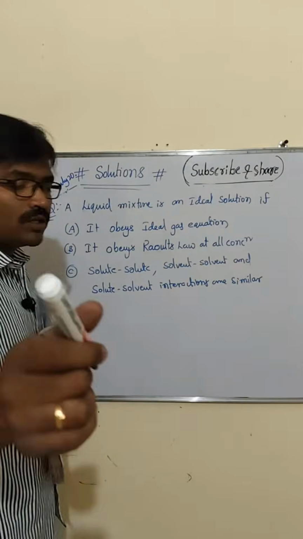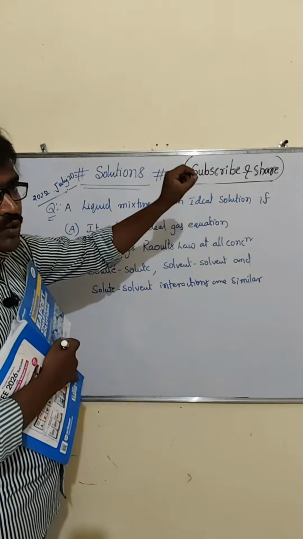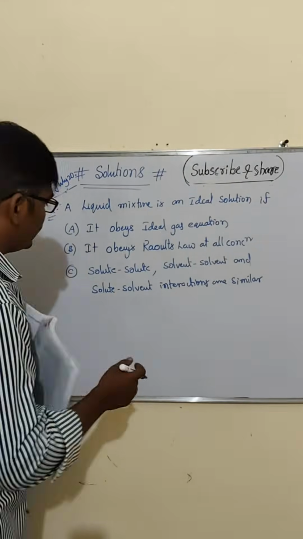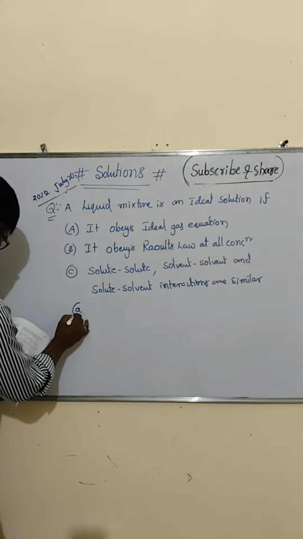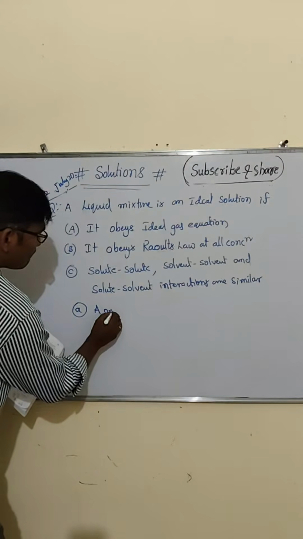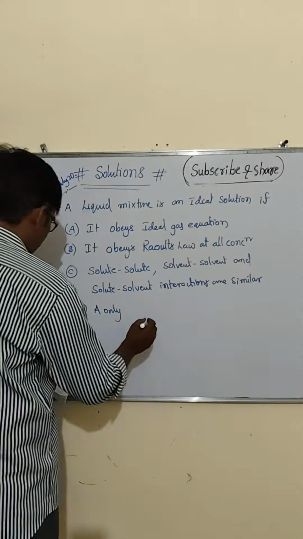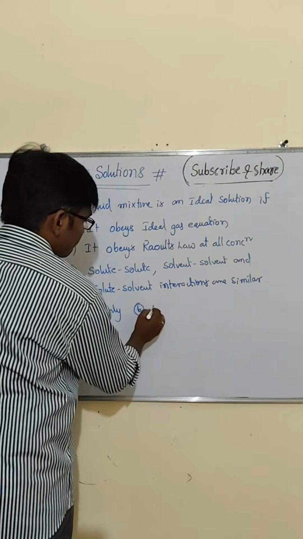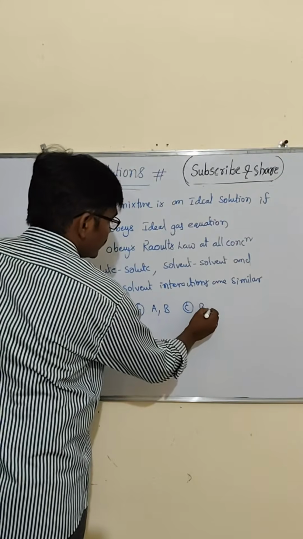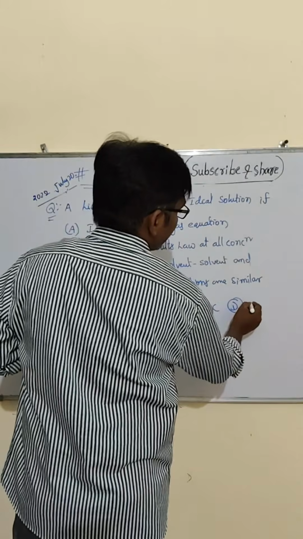So observe the question carefully. A liquid mixture is an ideal solution if, then three statements are mentioned. Then options: option A, A only; option B, A and B; option C, B and C; option D, C only.